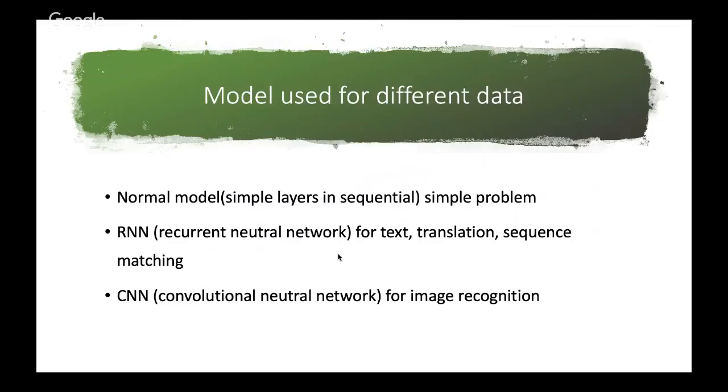CNNs are generally used for images, visual recognition, or video recognition. But it's not fixed; sometimes you still use CNNs for text. These are just the common ways to use the models.